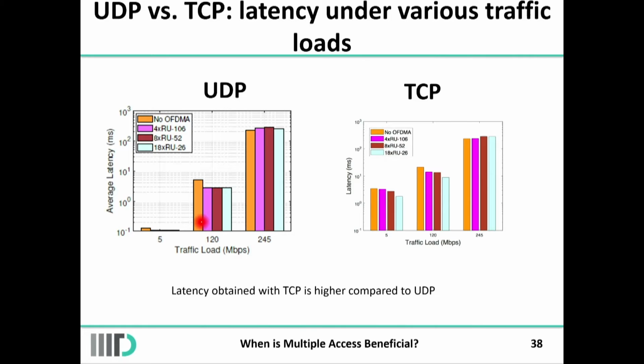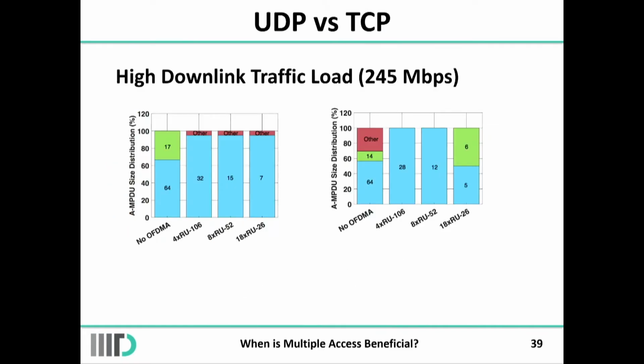So you see that this is around 9 milliseconds, and here it goes to 13-14 milliseconds. In high traffic load, again there is no improvement in latency, which is similar to UDP, and in intermediate traffic load you again see some improvement in latency when you use OFDMA. So this is what OFDMA provides in latency.